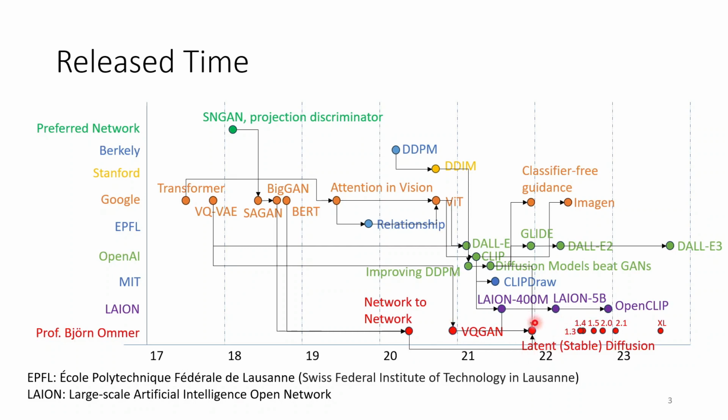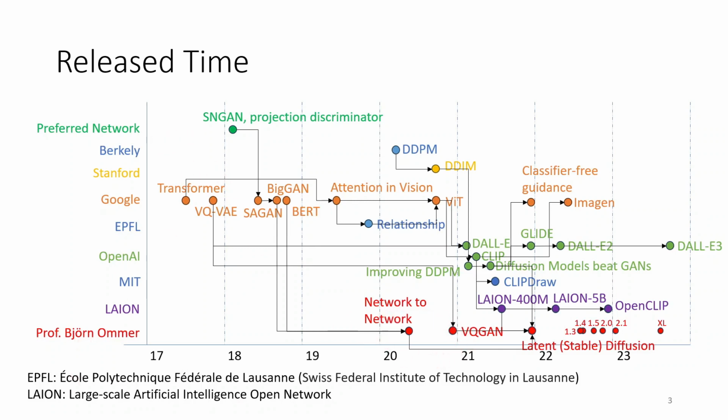And what is latent diffusion? Latent diffusion means they try to create an image from text through latent space. So latent diffusion can be viewed as a direct combination of their two previous works.